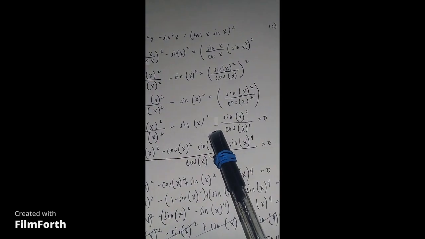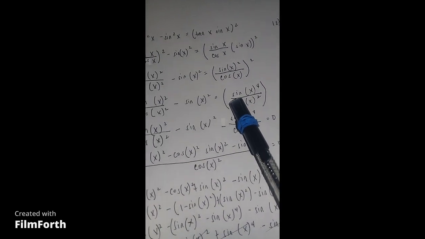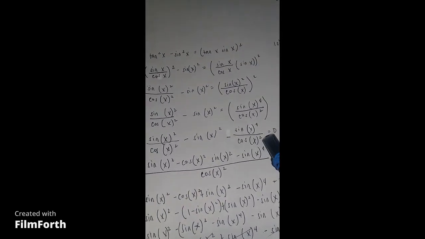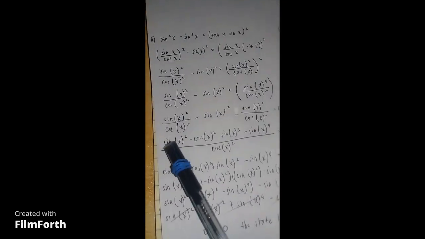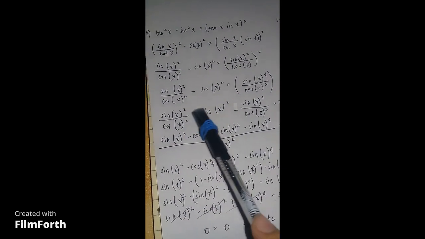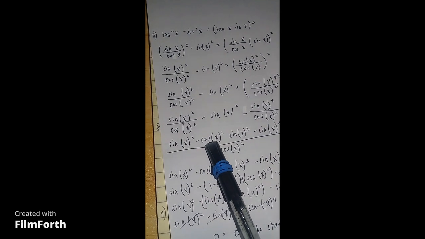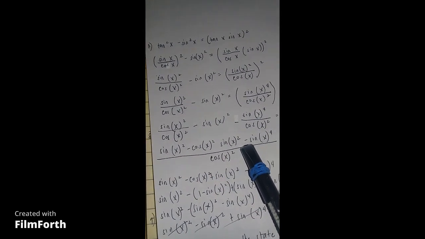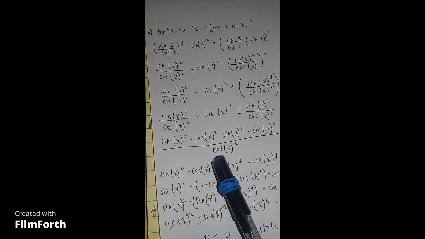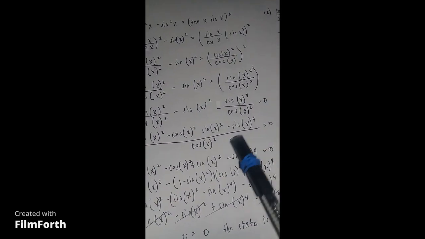Copy again, and here we just transpose to the right, so that will be negative, so it equals 0. So we just combine: sin x squared minus cos x squared, sin x squared minus sin x raised to 4 over cos x squared. They have the same denominator, so equals 0.